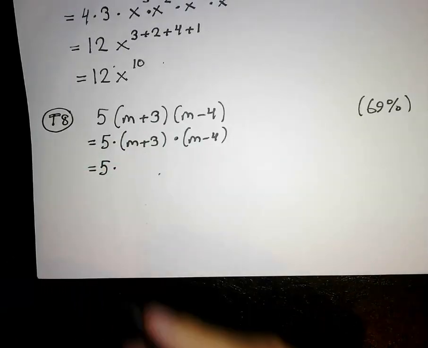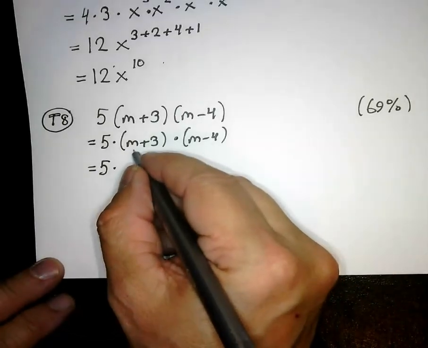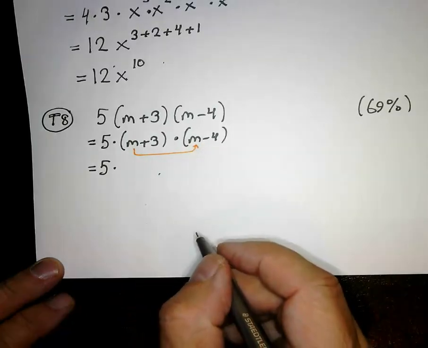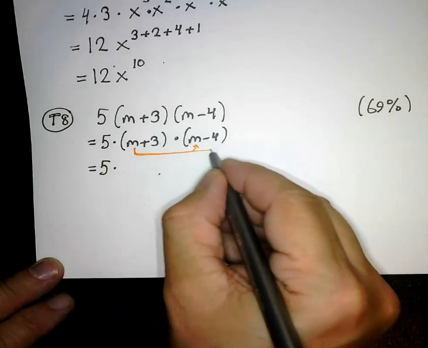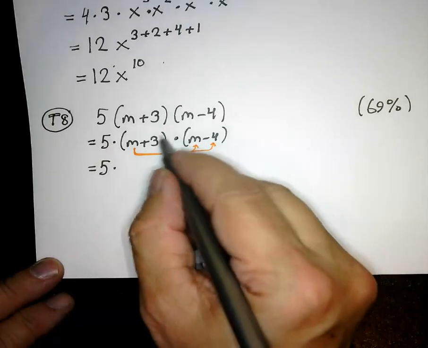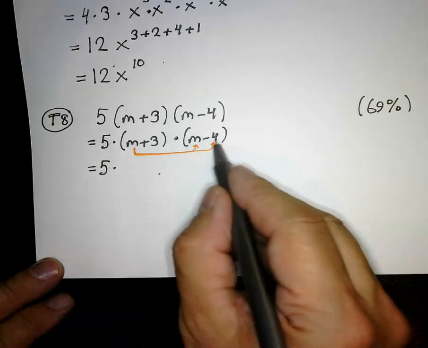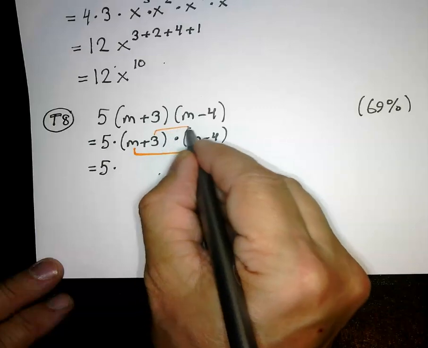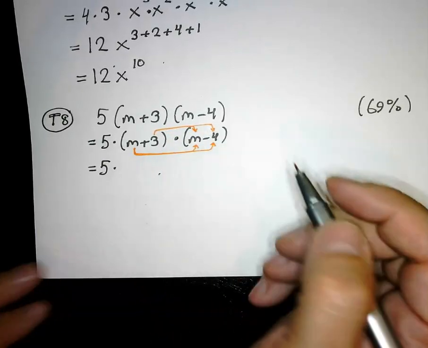And what will we do with these parentheses? We will multiply m with m, then we will multiply m with minus 4, and now we have multiplied this m with both of these. And then we take this 3 here, we will multiply it with m and minus 4.